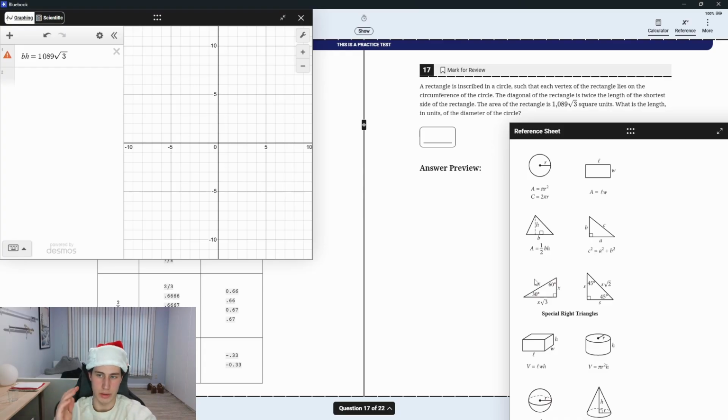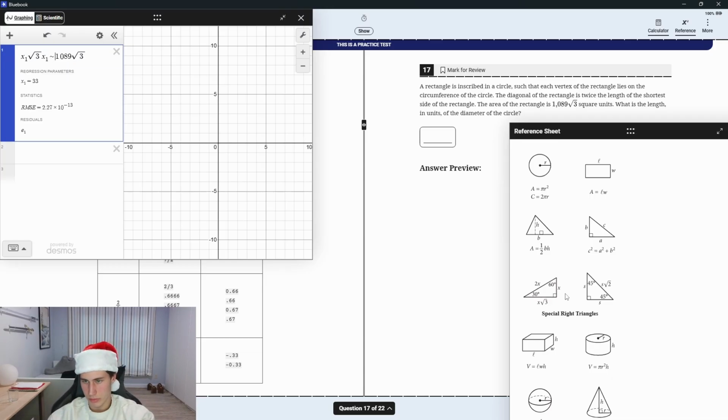So if you had the other two sides, or if it was a full triangle rather than half the triangle, in this case, the base is x root 3 times x, because our other side here is x, so it's pretty much just x times x root 3 equals 1089 root 3.